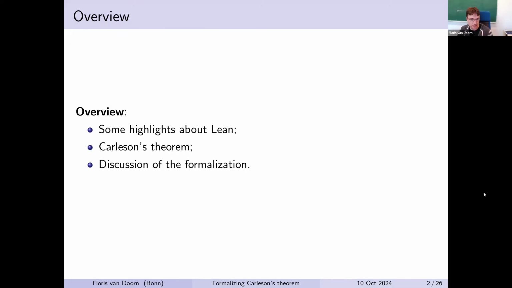Even though there's no privileged homotopy type theory mode now, there are a lot of exciting developments in Lean, so I'll start with that. Then I'll discuss the mathematics of Carleson's theorem and Fourier analysis. And then I'll discuss the formalization and some practical issues that arose during it.